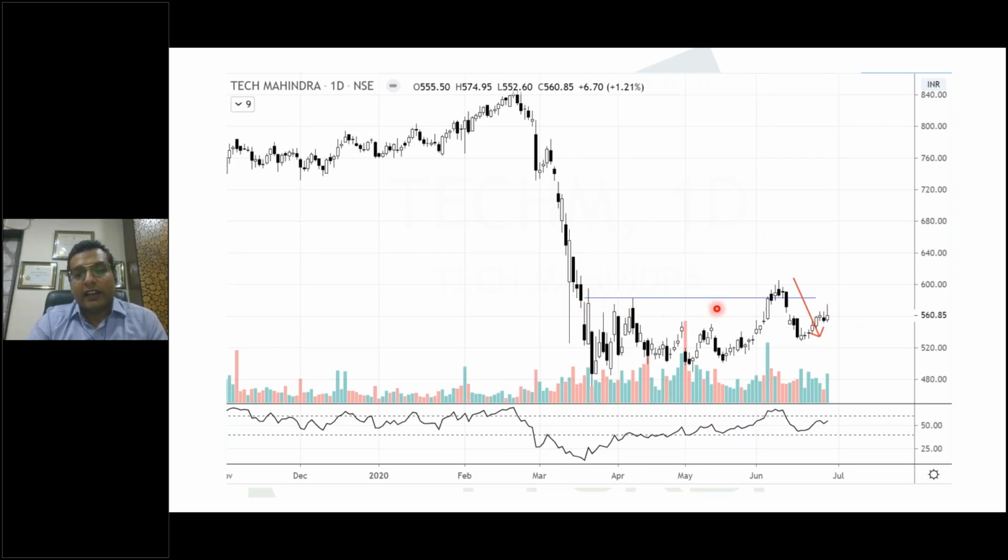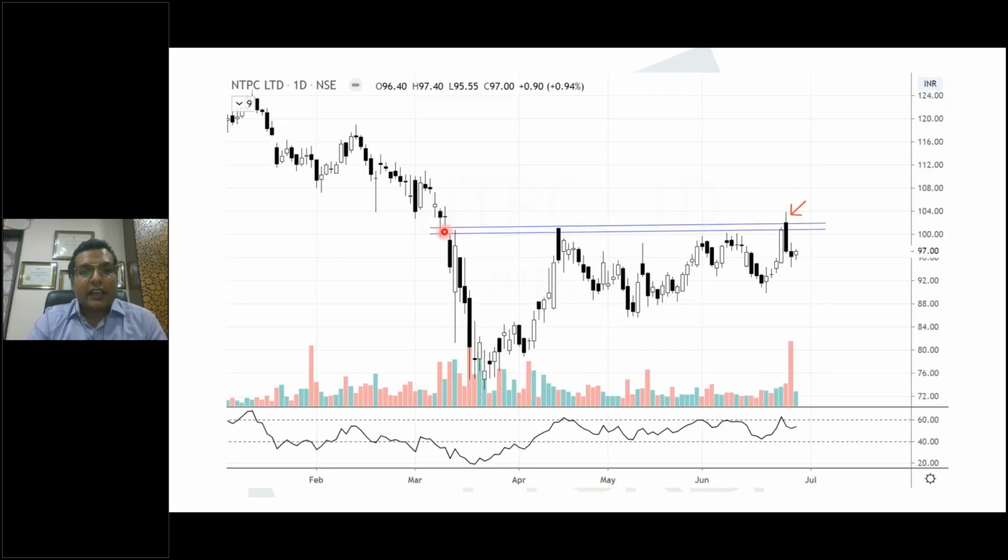So there was this defined resistance zone, and on this candle, there was a big candle with huge volumes. This was followed by a breakout, then again it fell into the range. So this was basically a failed breakout. This is what we face in everyday situations, I suppose. And again, this was a good range, a good resistance level, and there was this push.